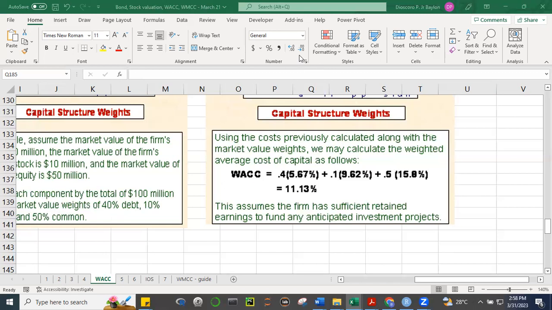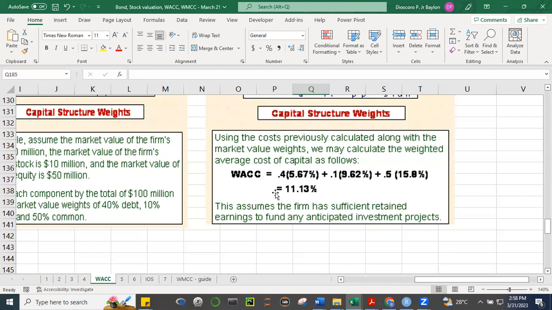No? Okay. All right. Clear, class, why do we expect that the cost of common equity will be higher compared to the bond or the debt or the preferred? Okay.